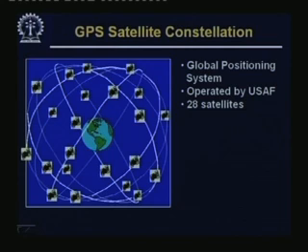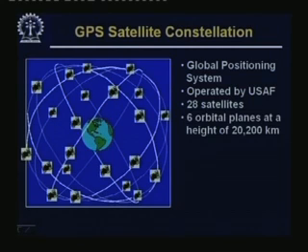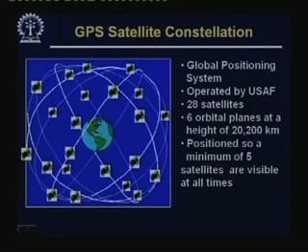There are 28 satellites in this, and it has got 6 orbital planes at a height of about 20,200 kilometers. So, once again since this is not the geostationary orbit, they keep on moving. A minimum of 5 satellites are visible at all times.